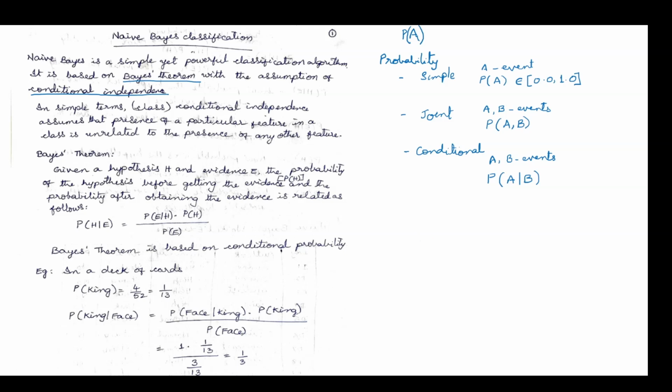So if we loosely look at the meaning of class conditional independence, sometimes people even term it as just conditional independence. It assumes that a particular feature is independent of any other feature for a given class.